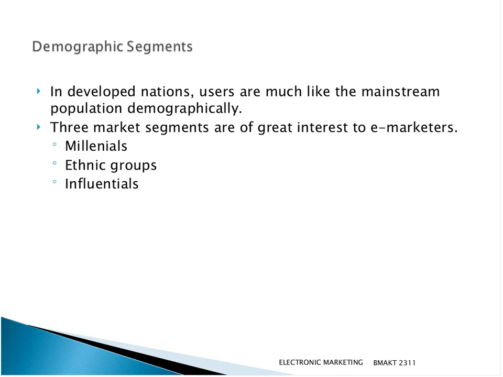All of these can be demographic information about certain people, and based on that, you can have your own categorization. Three market segments are of great interest to e-marketers: ethnic groups, influentials, and millennials. All of them are different categories when it comes to segmentation.